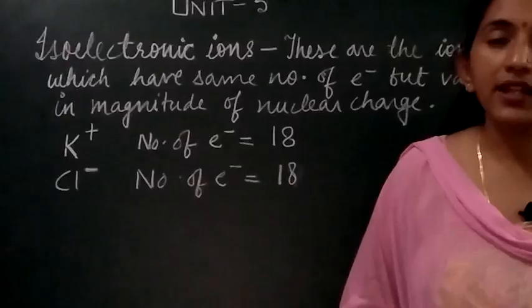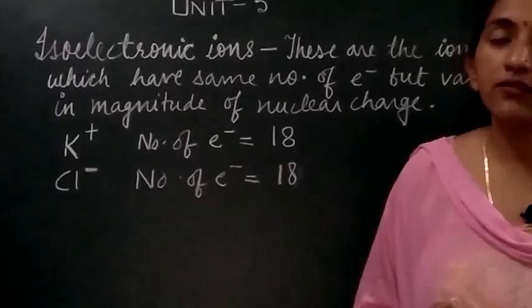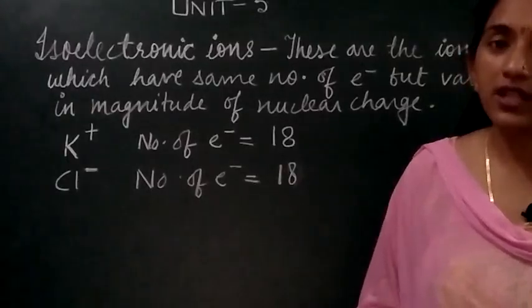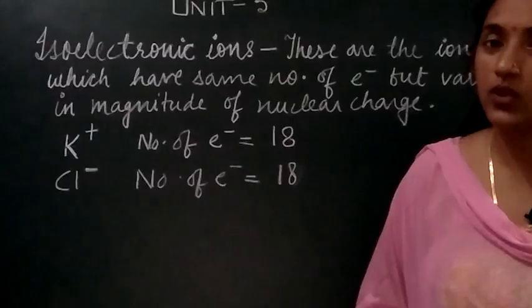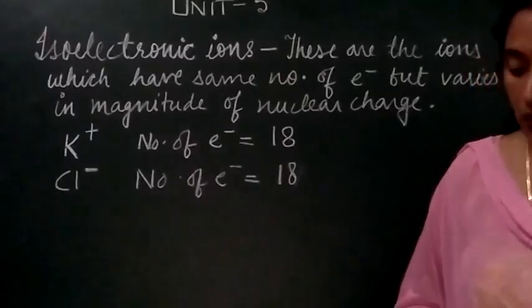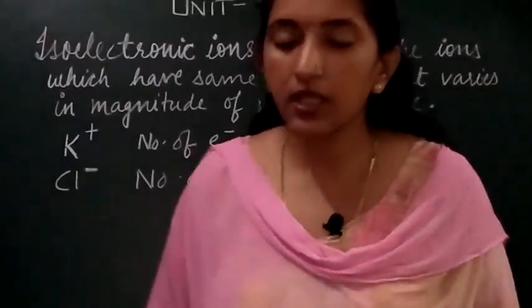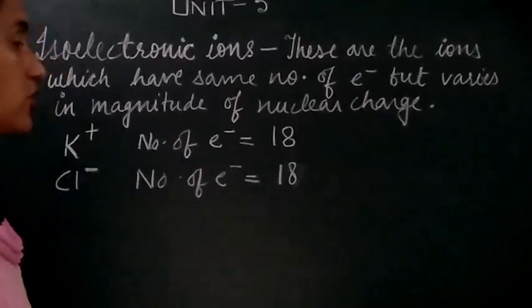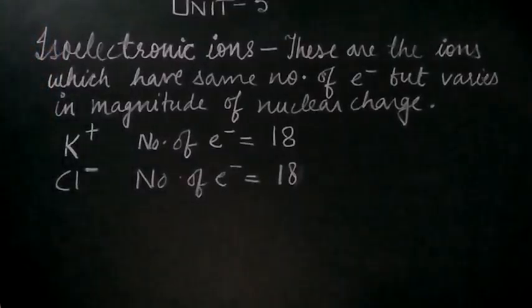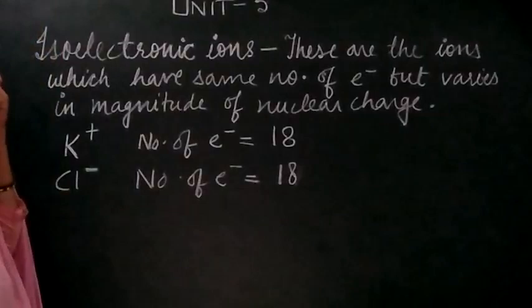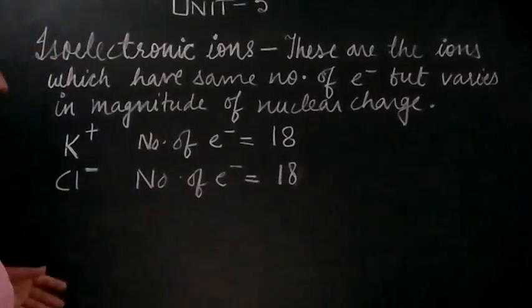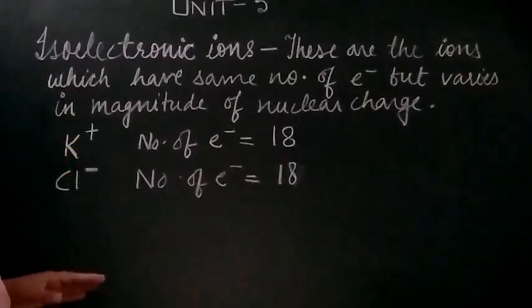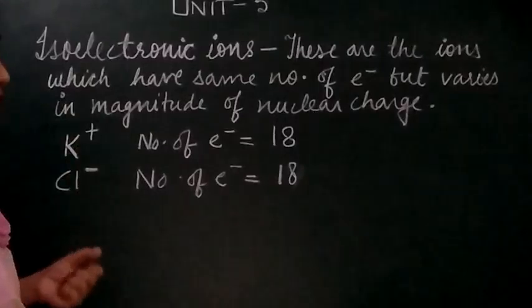We will find that with decrease in the magnitude of the nuclear charge, the ionic radii of these ions are going to decrease.